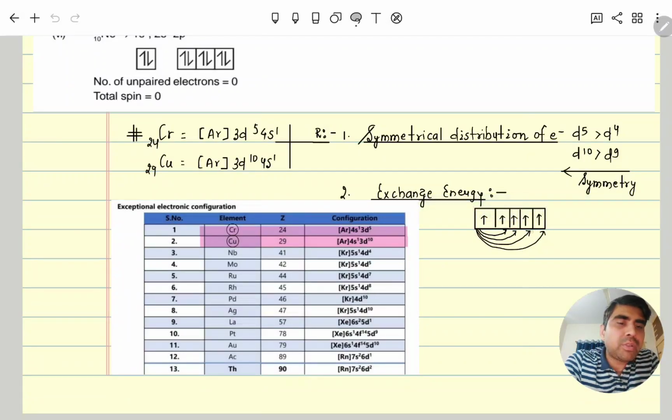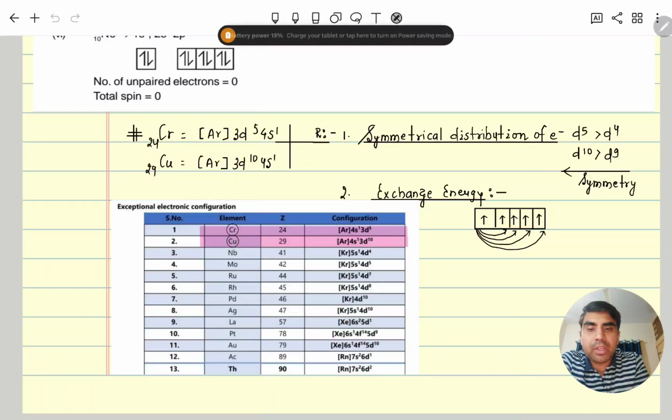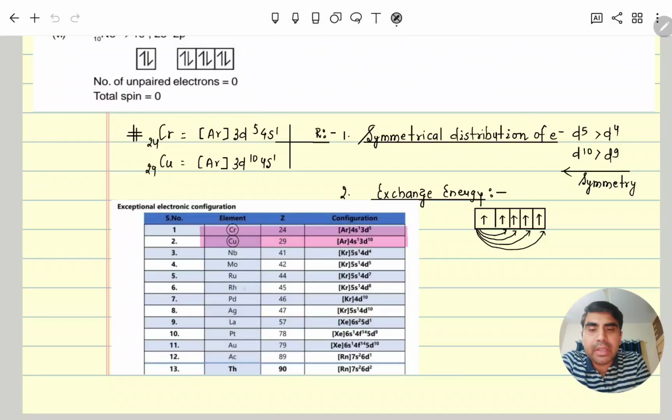The fourth can exchange with the fifth. Means there is more possibility of exchange, and due to exchange, energy decreases, so stability increases. So some examples are there, including chromium and copper, all those having exceptional electronic configuration.